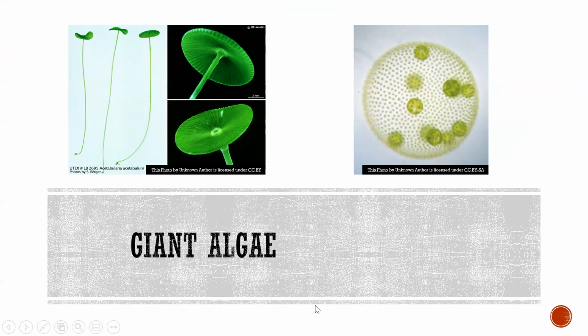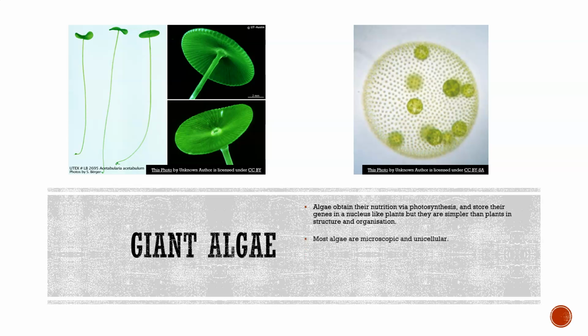Then our giant algae. Why is this unique? Why is this atypical? Well, algae photosynthesize. They're autotrophs. They store their genes in a nucleus like plant cells do, but they're much simpler than plants in structure. Plant cells are quite complicated.